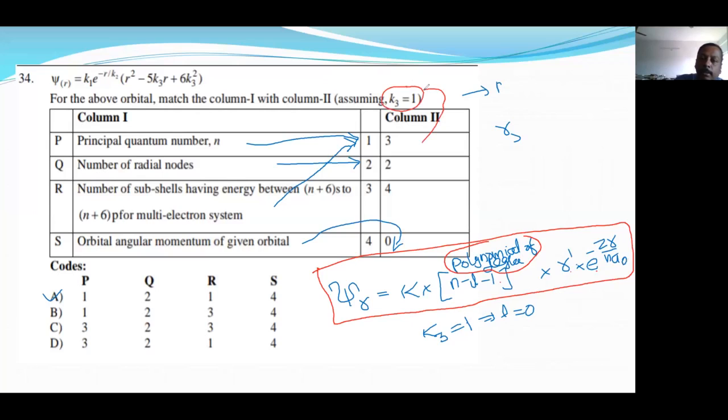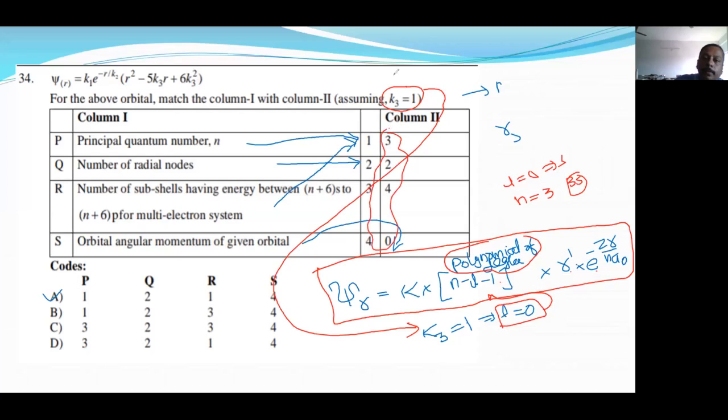So according to K3 is equal to 1, if you substitute here, you will get l is equal to 0. So l is equal to 0 means it is S subshell. And when you find out n value, it will be 3. So it is regarding the 3S. Okay. So once you get the 3S, all these values can be found easily.